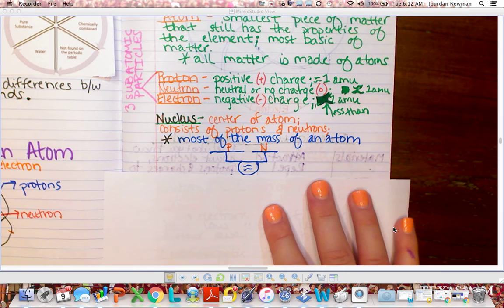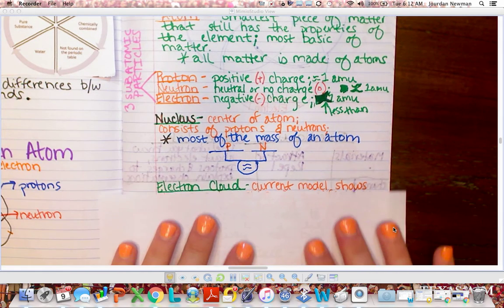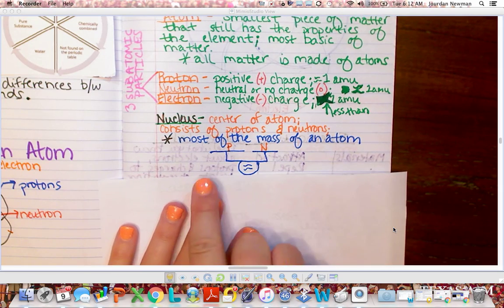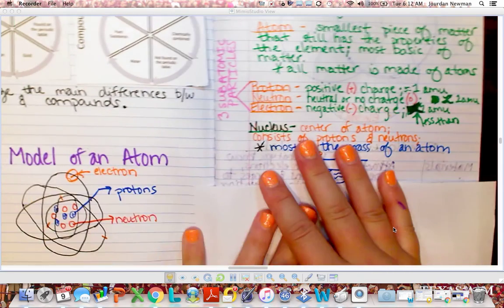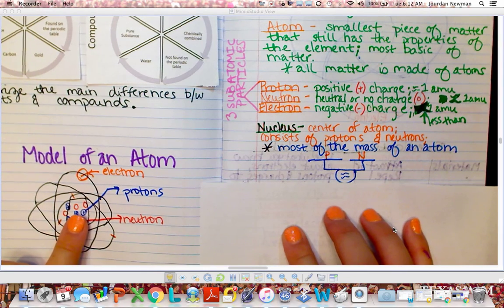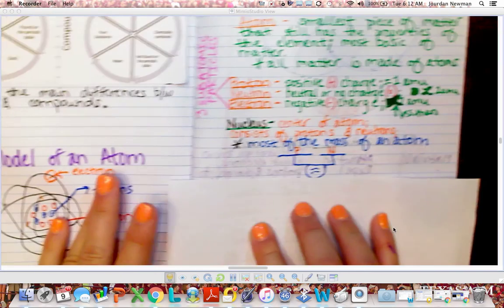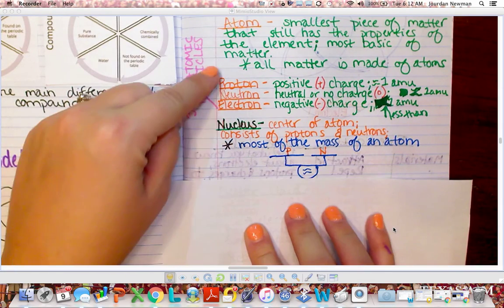Okay. All right, so let's talk about the 2 parts of an atom, or the 2 locations where these particles are at. We talked about the nucleus. Okay, it's the center of our atom, right here. It's where our protons and our neutrons are, and that's where most of the mass of our atom is.